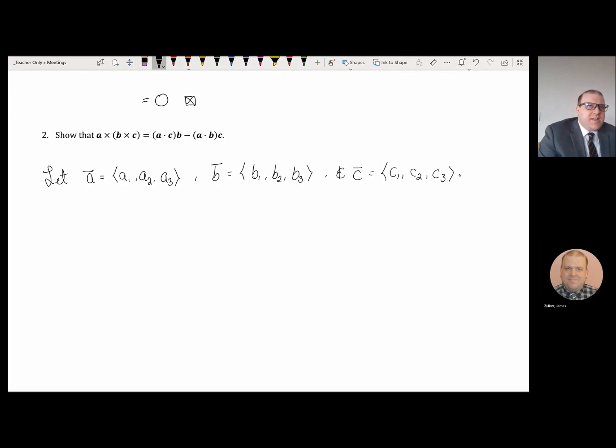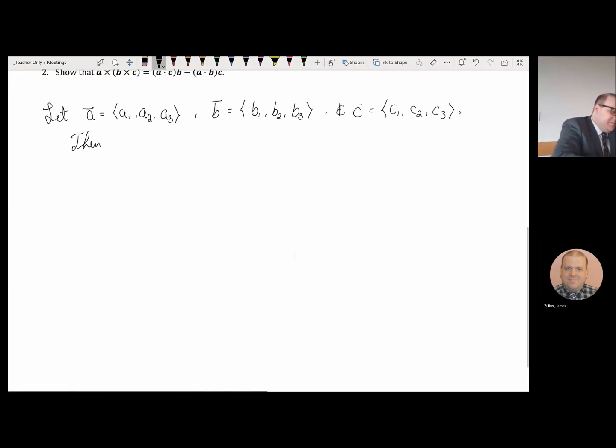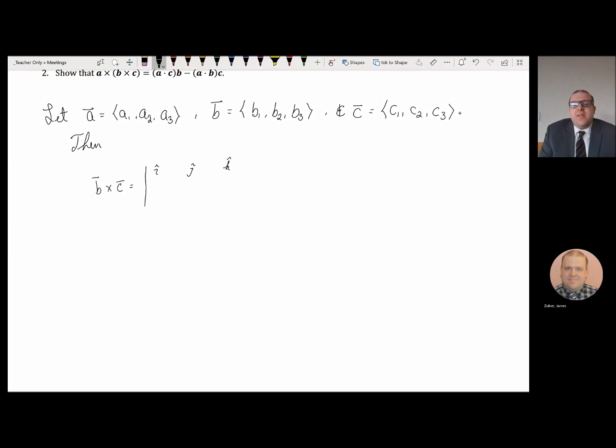So again, just define our three vectors. They're arbitrary three vectors. First, we're going to need to calculate B cross C. First row is your standard unit vectors.